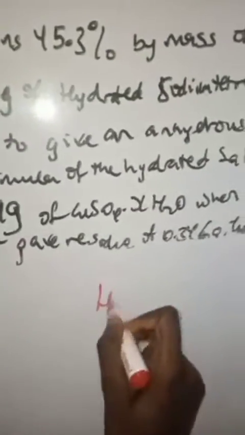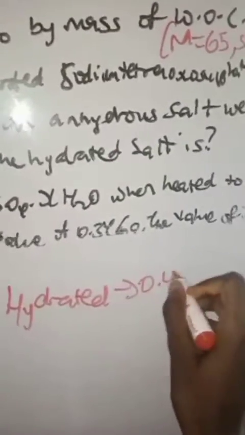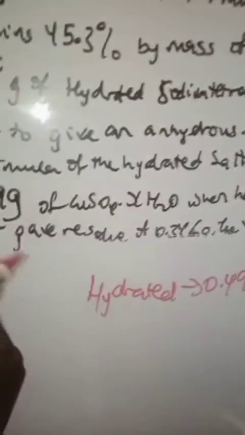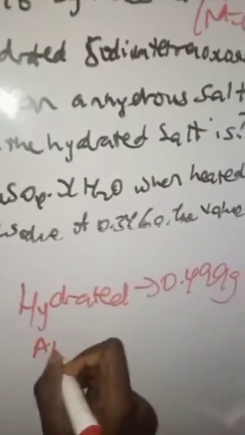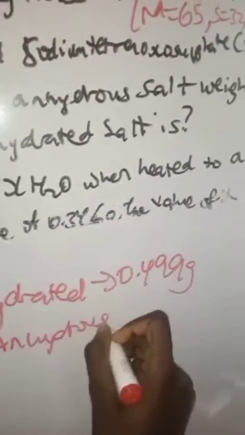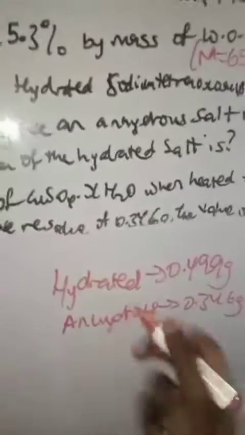Let's go for the last question here. 0.499 gram of CuSO4.xH2O. So you'll be given the hydrated. 0.499 gram of CuSO4.xH2O, heated to constant weight, gave a residue. So the residue is the anhydrous, of 0.346 gram. The value of x is, so let's just solve it.